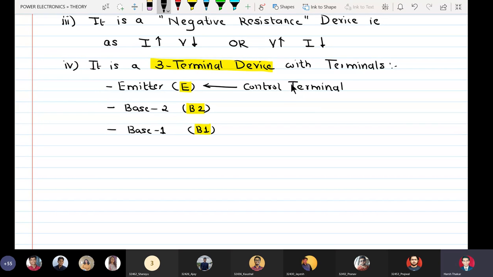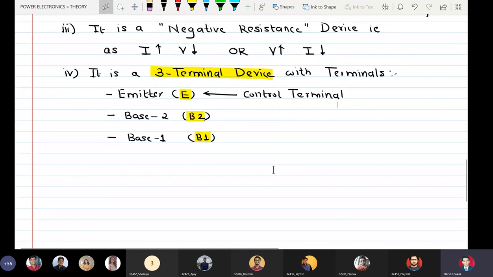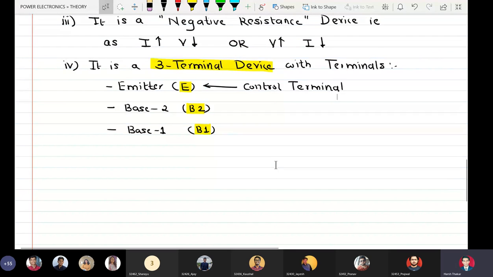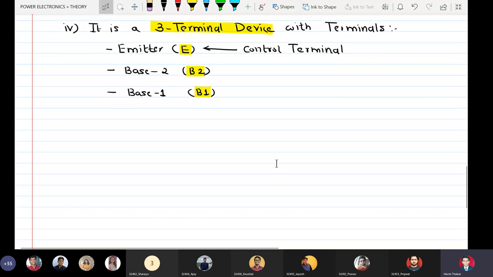Similarly, the emitter terminal is the control terminal for a UJT, and the potential of the emitter terminal VE will decide what will be the operating status of the UJT.